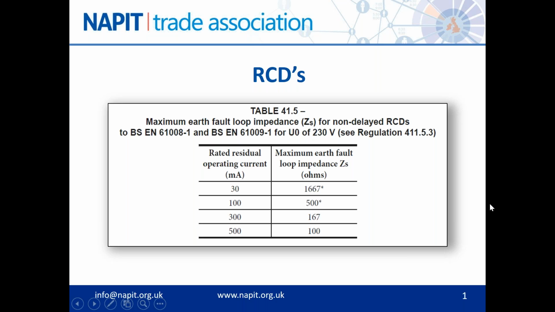If you take 50 volts and divide it by 0.03 amps, you'll get 1666 ohms recurring, and therefore theoretically a 30 milliamp RCD should operate at that resistance to avoid 50 volts being reached. Please remember, Zs values need to be as low as possible at all times to make sure that we comply with the regulations and we get protective devices, whether they be circuit breakers, fuses or RCDs, operating in the shortest possible time.